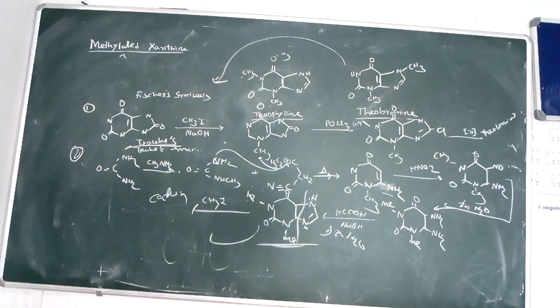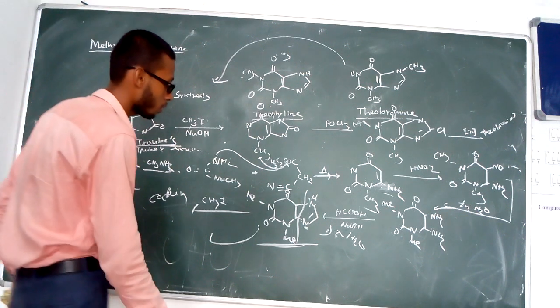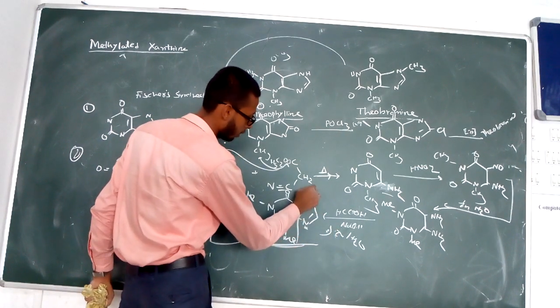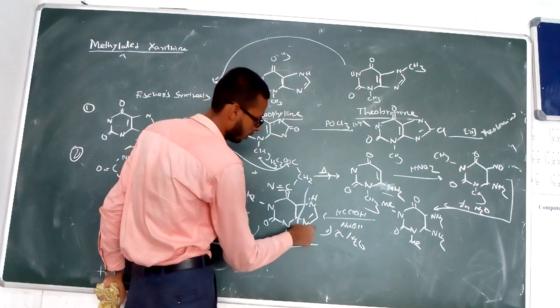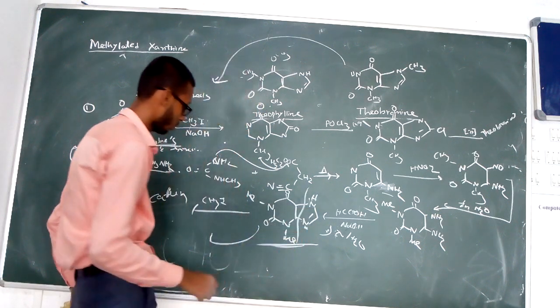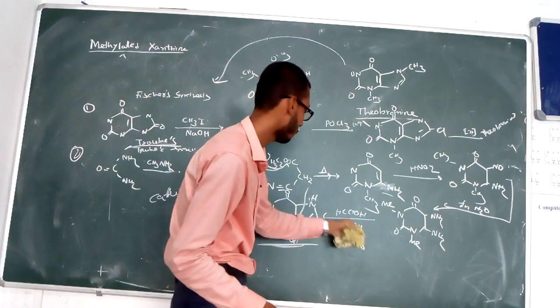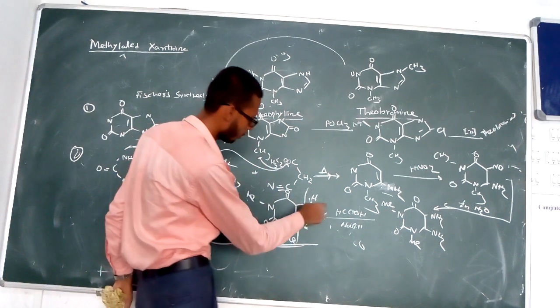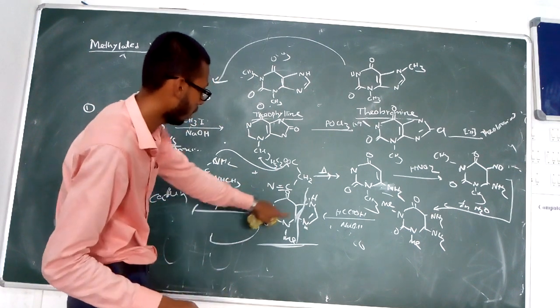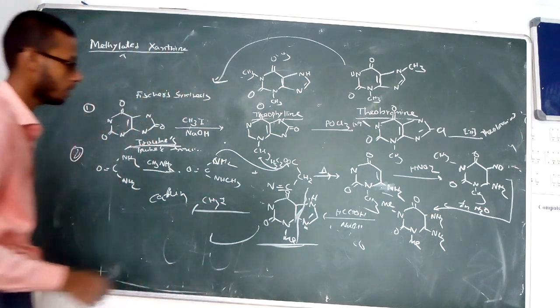Finally it will react with formic acid in the presence of sodium hydroxide. It will produce a compound which is a xanthine derivative.